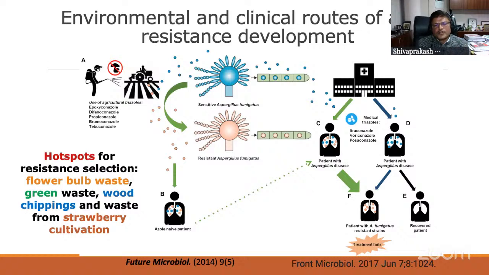The Aspergillus spores get exposed to the lower concentrations present in the environment and become resistant. When a person inhales those spores, the infection will be resistant to azoles, to all the azoles. For example, itraconazole and voriconazole, which are the major therapy for aspergillosis, will also be resistant, and to some extent posaconazole resistance can also develop.